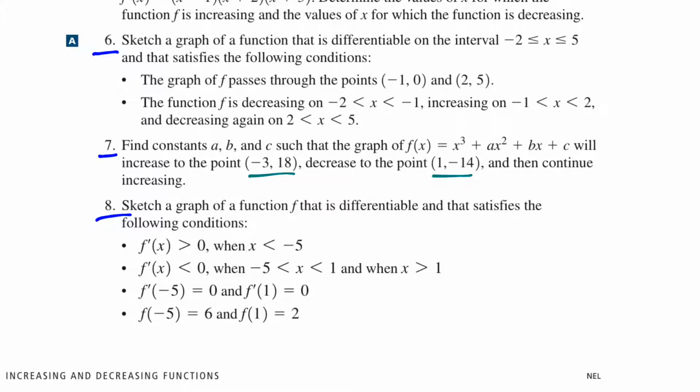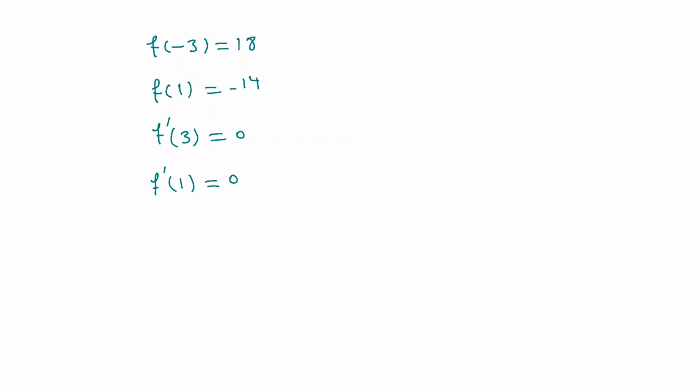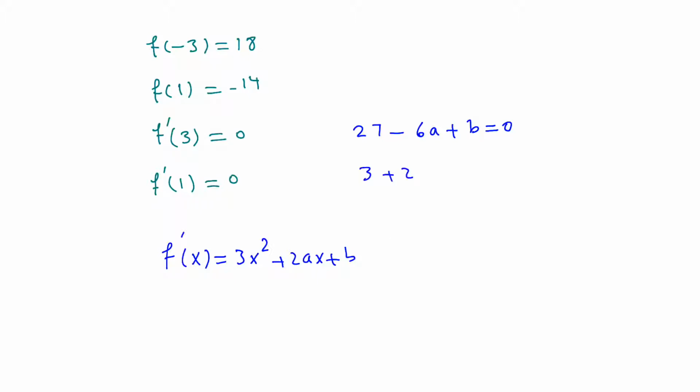We set up a system of equations corresponding to each of these conditions and solve the system. Since f prime of negative 3 is 0 and f prime of x is 3x² plus 2ax plus b, 27 minus 6a plus b is 0. 3 plus 2a plus b is also 0, since f prime of 1 is 0.